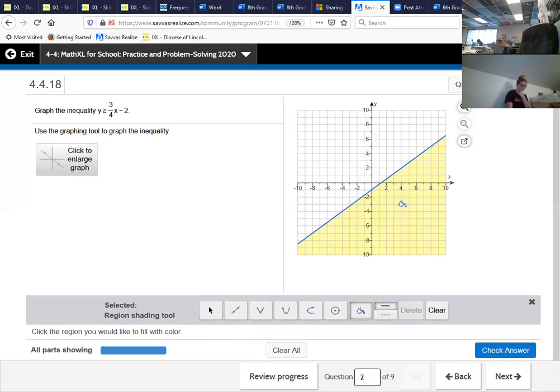Now it's shaded. You don't have to sit there and color it all by hand. Most of the tools you'll need are over here on the right side.